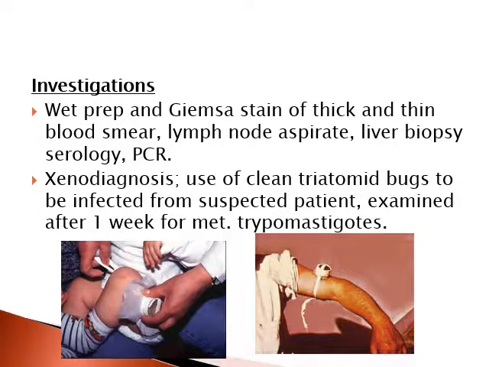So we must have uninfected or clean winged bugs. We make it bite the person, and then we dissect it after 1 week to see the metacyclic trypomastigotes.